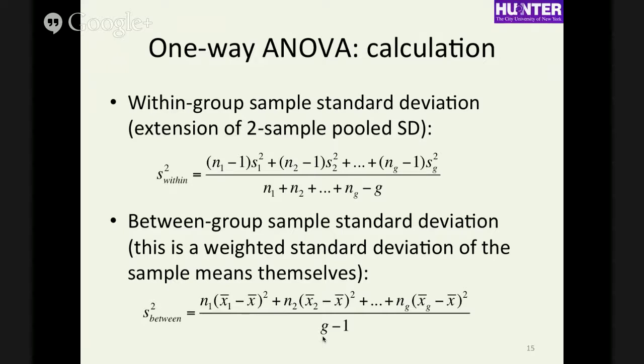Most of them are nominal, so you're going to use a chi-squared test. If you have 2 variables, one of them nominal and one of them continuous, then you can use ANOVA.